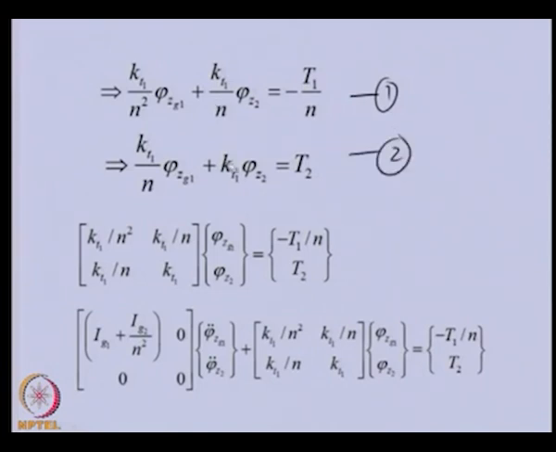Now, I am combining these two equations in matrix form. You can see this is a vector and these 4 elements are coming in the matrix, and the right hand side is a vector containing these 2 terms. This equation we got from the strain energy and the work done. Earlier we got the term corresponding to the inertia, that was this one.